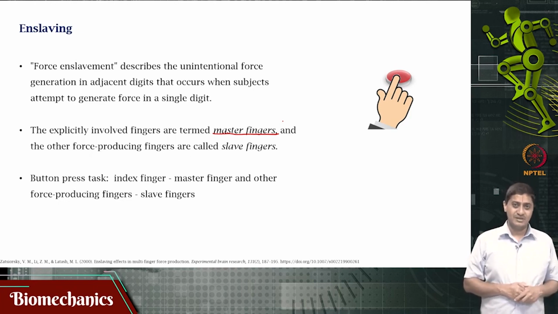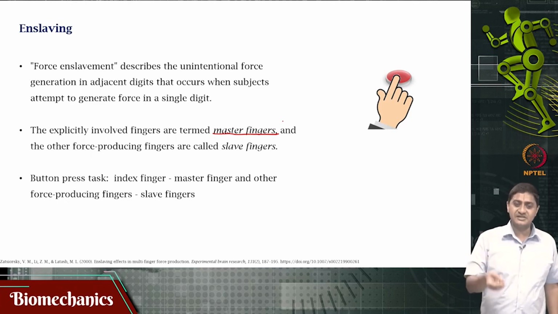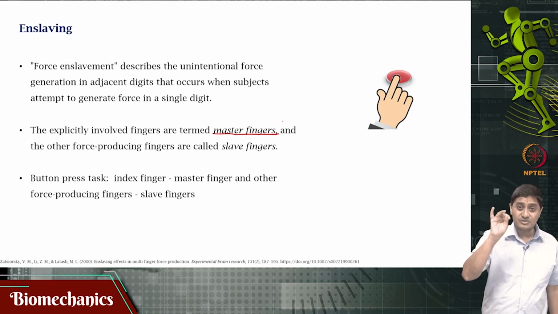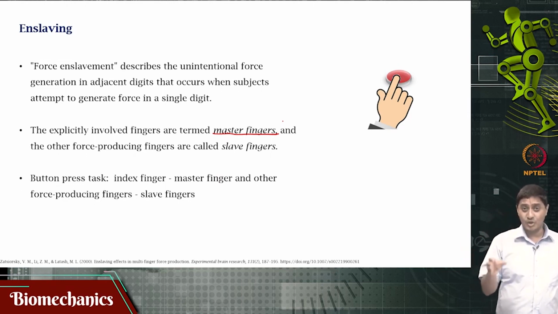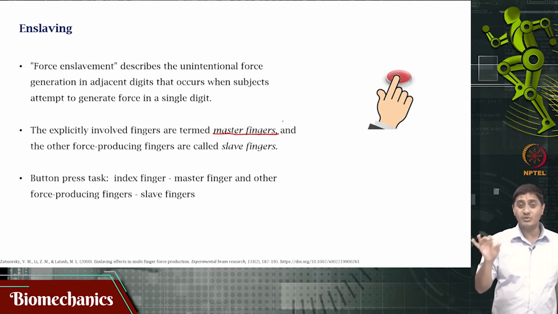Okay. That is, I am explicitly interested in measuring what these two fingers are doing. These are the masters, but I am also measuring what these two fingers are doing, but I am telling the human participant, don't worry about what these two fingers are doing.